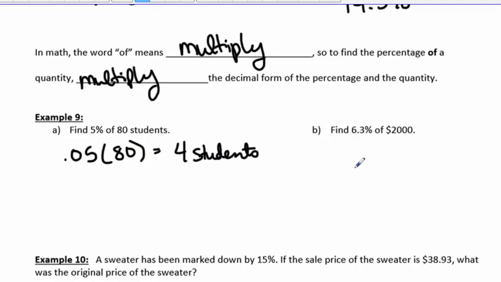Find 6.3% of 2,000. 0.063 is the decimal for 6.3% times 2,000. Let's multiply those together and we get $126.